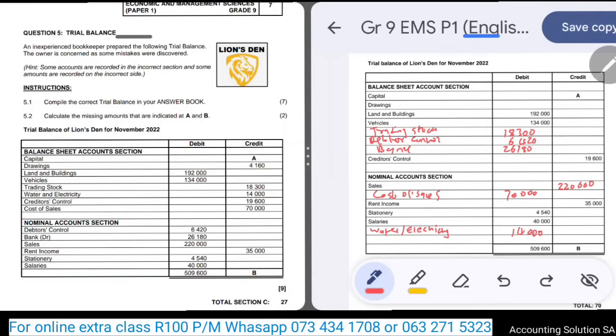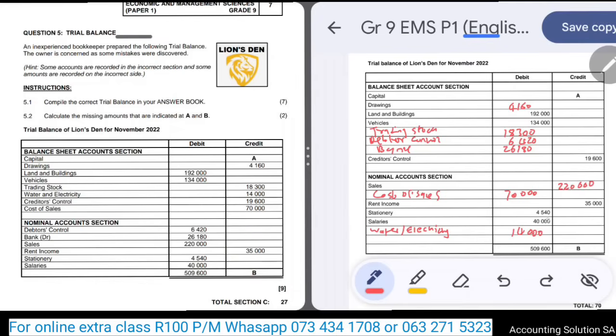Let me check if we have any other. Drawings. Once again, it must be this side. Let me verify. Okay, I think that's it now, which means that we can now calculate number A as a balancing figure.